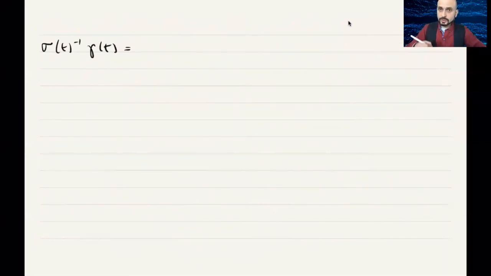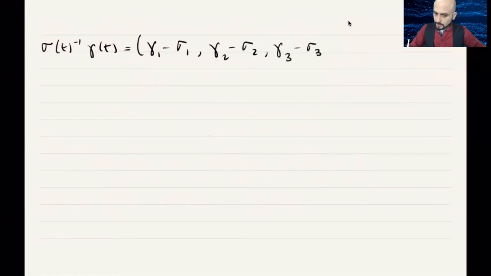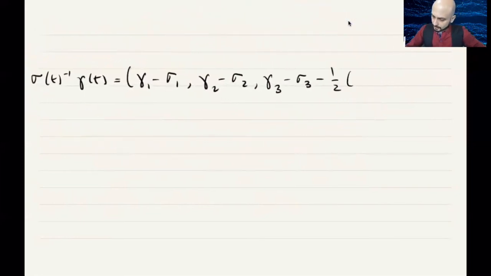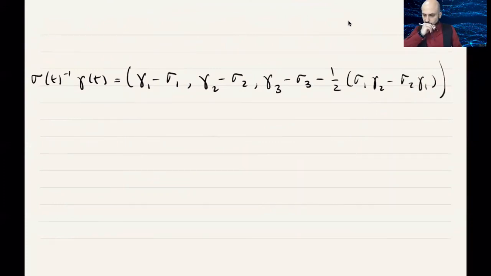The group law of the Heisenberg group in exponential coordinates is the following: gamma 1 minus sigma 1, gamma 2 minus sigma 2, and then gamma 3 minus sigma 3 minus 1/2 of (sigma 1 gamma 2 minus sigma 2 gamma 1). I change sign because of this minus. Okay, so this should be the product.